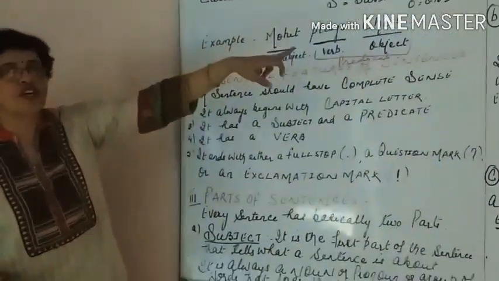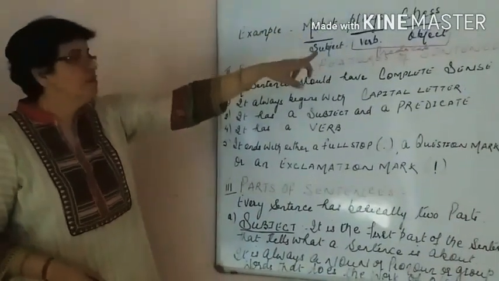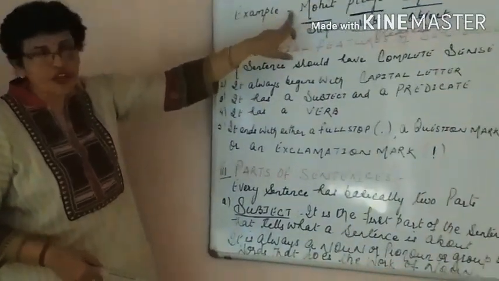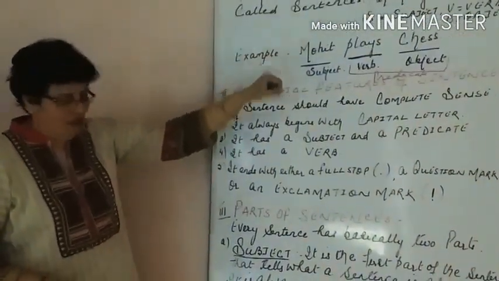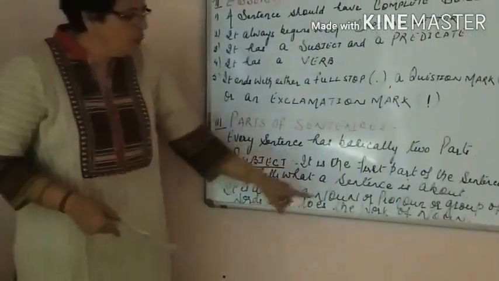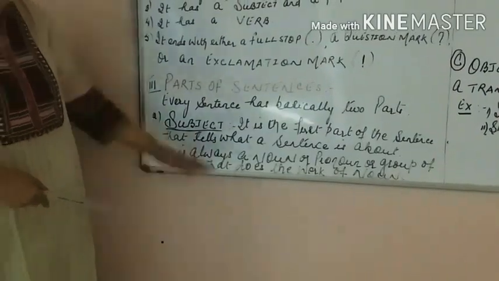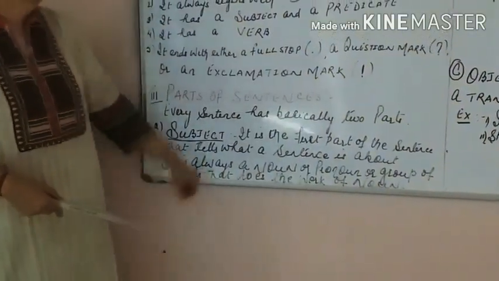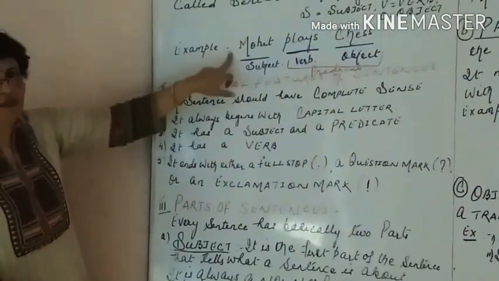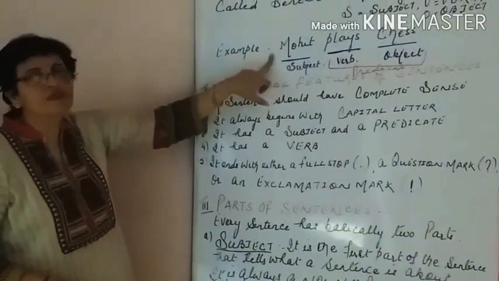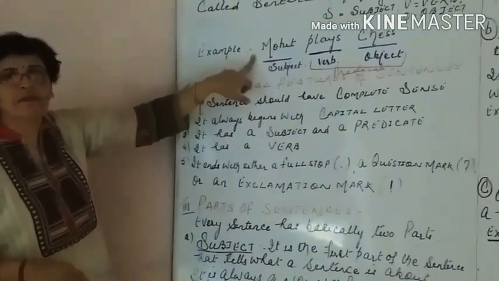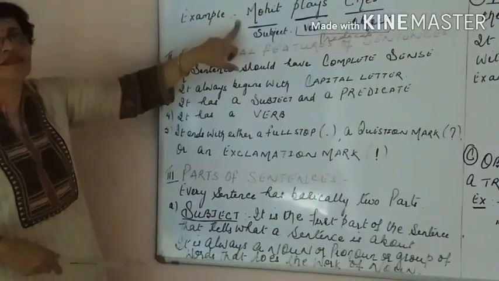Mohit plays chess. Who plays chess? Mohit. Here, what is the subject? Mohit is a subject. Now, it is always a noun or a pronoun or a group of words that does the work of a noun. Mohit, the name of a person, is called a noun. What is a noun? A noun is the name of a person, place, animal, thing, idea and belief.